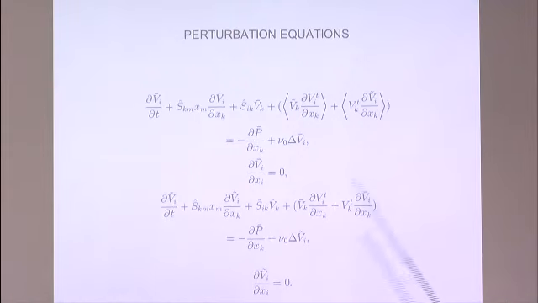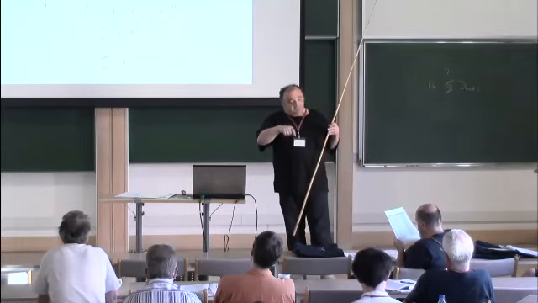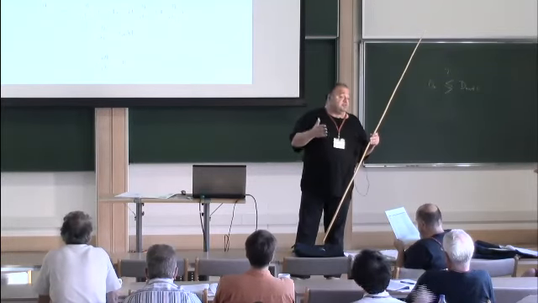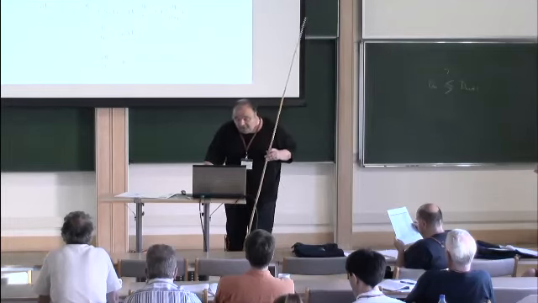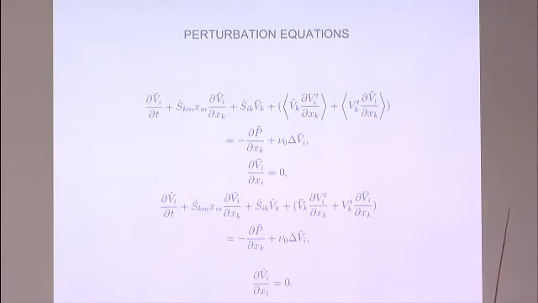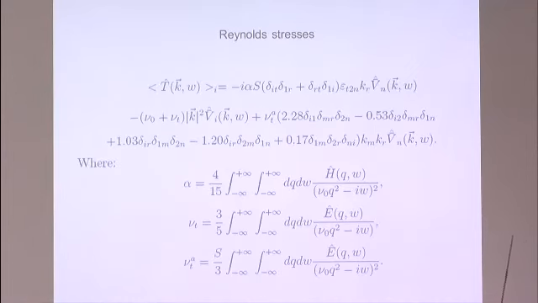So then they considered homogeneous Couette flow, put perturbations, mean flow, and then put interactive terms, the interaction of mean flow with fluctuations, and computed Reynolds stresses in linear approximation on the mean flow. These are just perturbation equations, and these are Reynolds stresses.